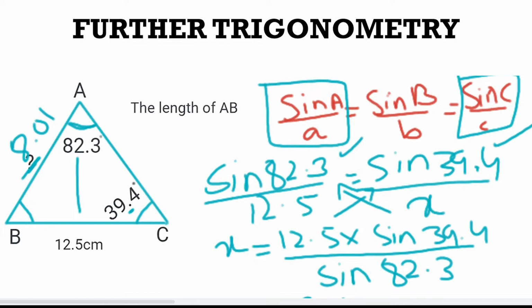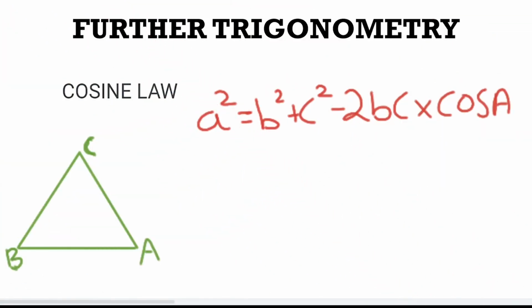Now let's move to the cosine law and discuss how it is used. The formula for the cosine law is a square is equal to b square plus c square minus 2bc multiplied by cos A. Let's discuss what these variables represent. In cos A, the A represents an angle, which means it is this angle, and a, b, c with lowercase letters represent sides.